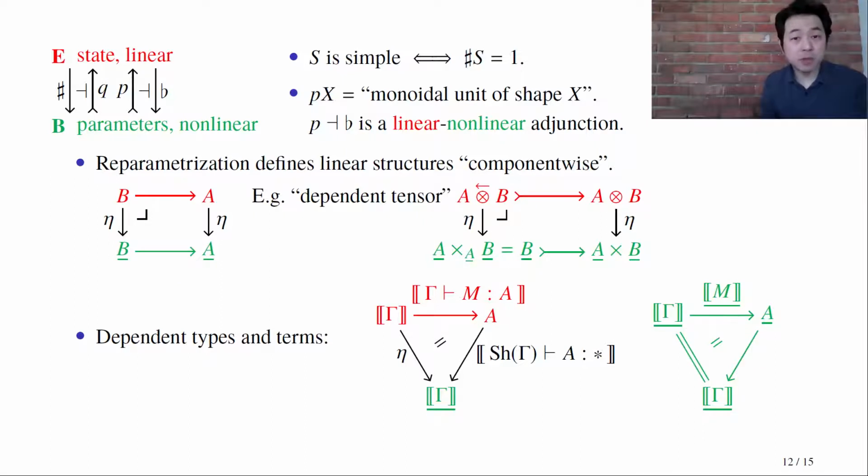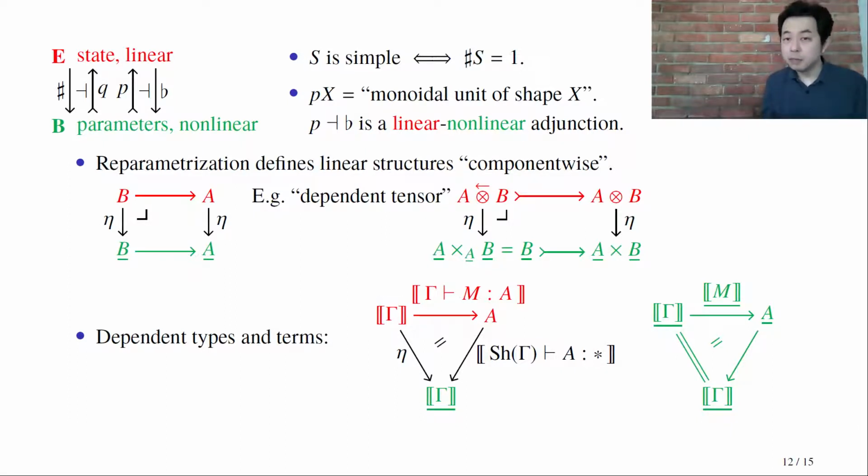Our linear interpretation, however, is different in that we generally have different objects in the top left vertex and the base. The base needs to be a shape because dependent types depend on parameters, but the top left vertex should not generally be a shape since it may need to embody resources that terms consume.